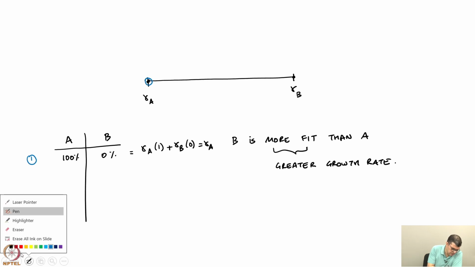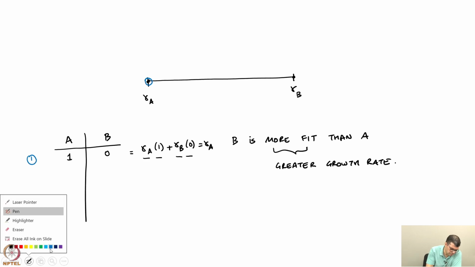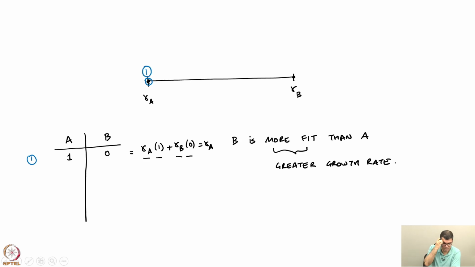On the other hand, let us not work in terms of percentages, let us work in terms of fractions. So, in this case we are saying the fraction of A type individuals is 1, the fraction of B type individuals is 0, and hence the mean fitness is growth rate of A into fraction of A type individuals plus growth rate of B into fraction of B type individuals, which in the case when fraction of A and B is 1 and 0 respectively will be simply equal to RA, and hence for population number 1 the mean growth rate is represented by that point.